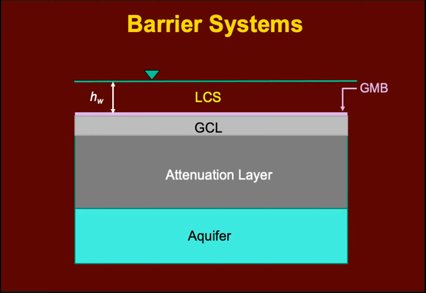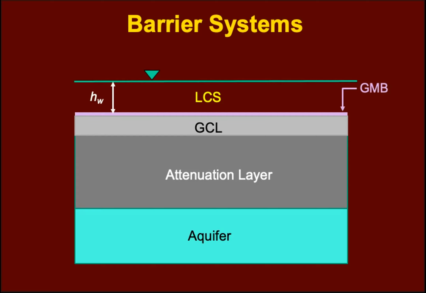This system is usually made up of several different layers, the simplest being a composite liner, followed by an attenuation layer of low conductive soil like the one seen here in the figure. Despite the presence of a barrier system, contaminant transport beneath hydraulic containment facilities can still occur because these systems are designed to mitigate transport but not fully stop it.